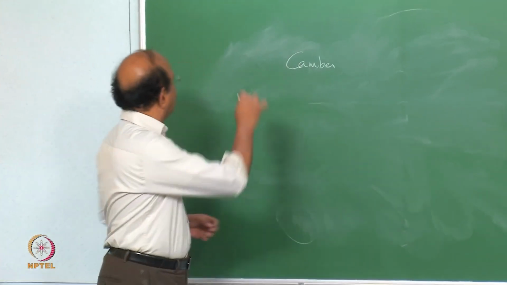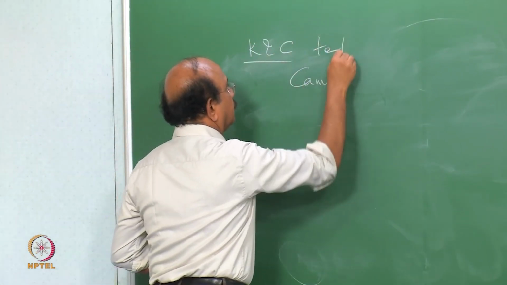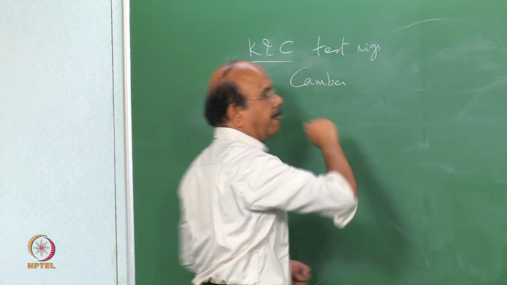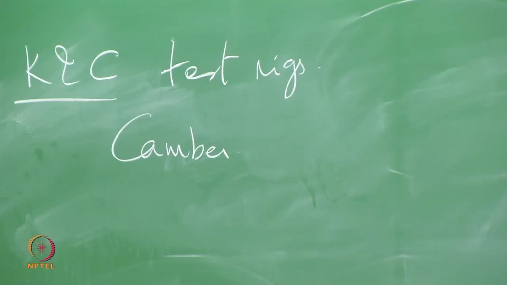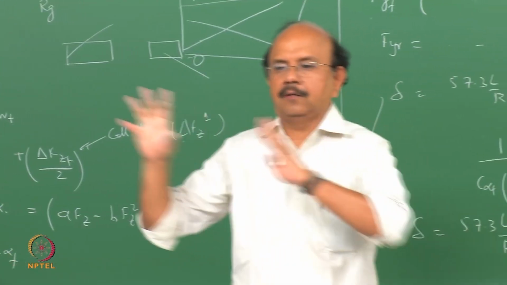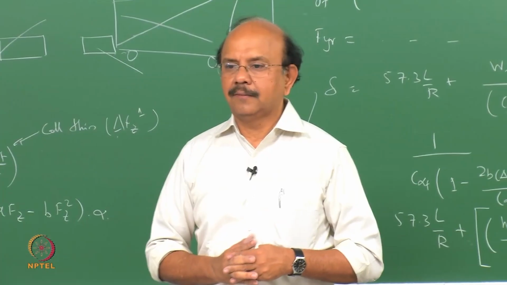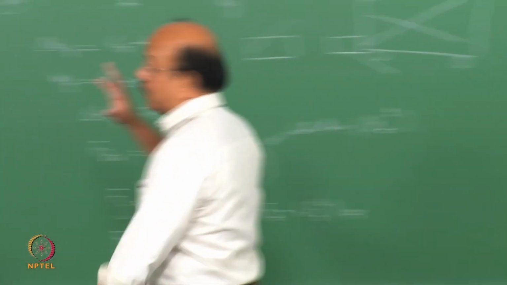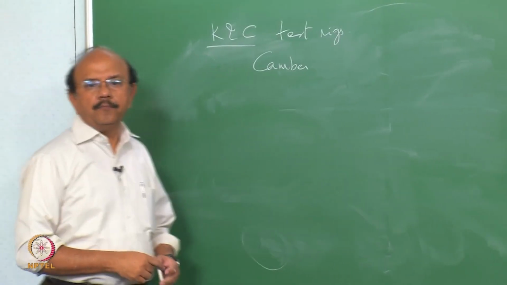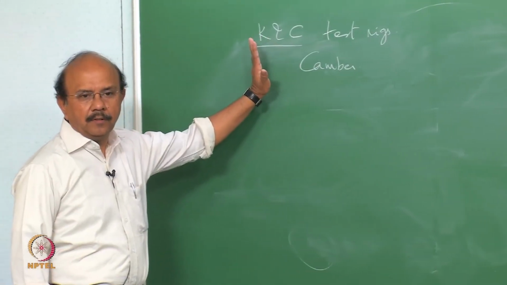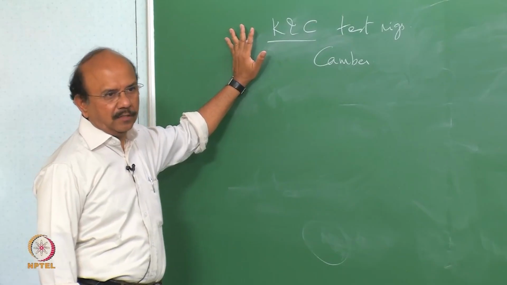So this is called kinematic and compliance test rigs. What you do is to put the vehicle on this test rig and then measure how much toe changes, camber changes, and all that. This you do in the static case, and there are techniques by which we will show later that you can measure them in the dynamic case as well. So in other words, there are sensors which would measure these changes.